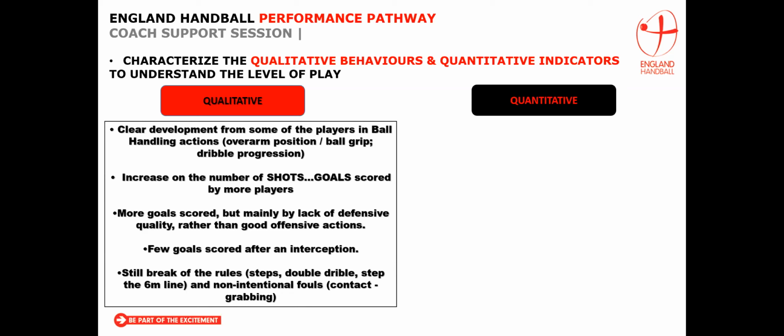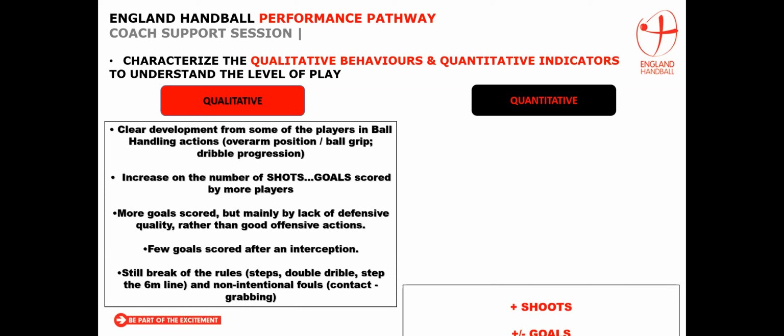Now we have more shots, more goals for more players, but those goals come more from the lack of defensive quality than from good offensive actions. Like you said, very few goals scored after an interception. I saw still a huge break of the rules of the game, and also non-intentional fouls, like the grabbing we spoke about.